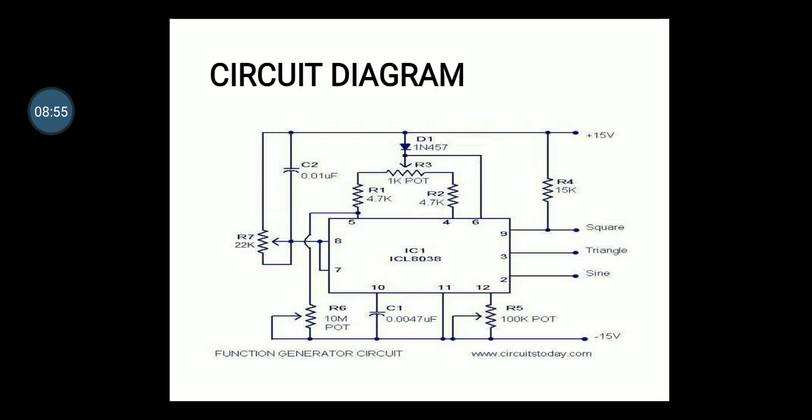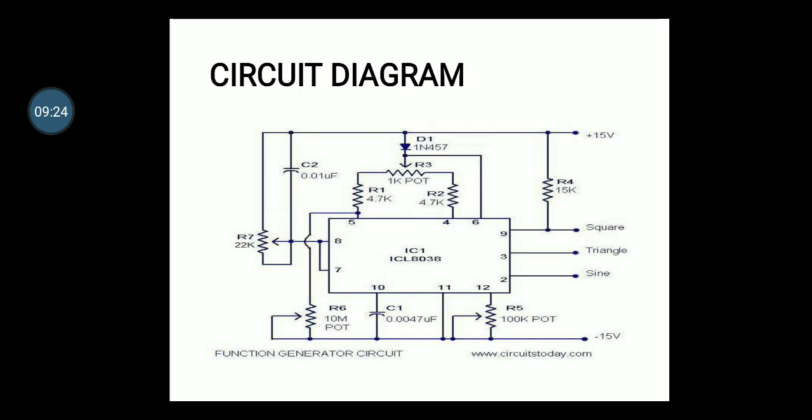The frequency of the output waveform can be found as F out equal to 1 by T, where T is the charging and discharging time, tC plus tD. The overall duty cycle is 1 minus RB by 2RA, into 100.